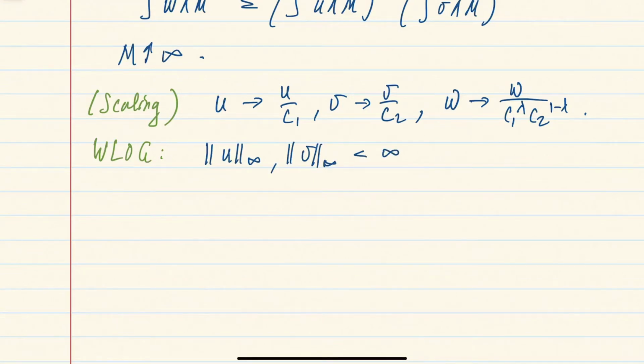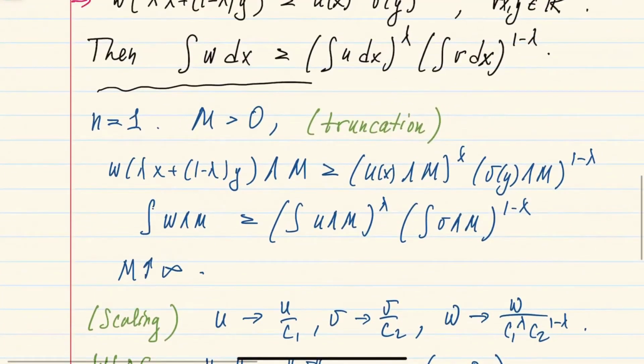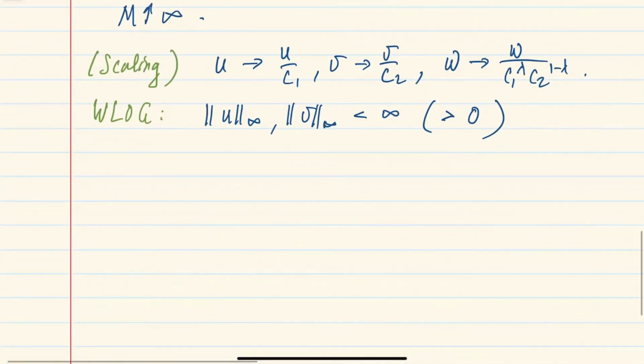Now we can also assume without loss of generality that the sup norms are strictly positive, because if your functions u and v are equal to 0, there is nothing to prove. In the theorem, on the left hand side you would have 0. So you can assume that your functions are non-zero, and as a result, by rescaling, you can, without loss of generality, scale so that the sup norm of u and v is equal to 1.